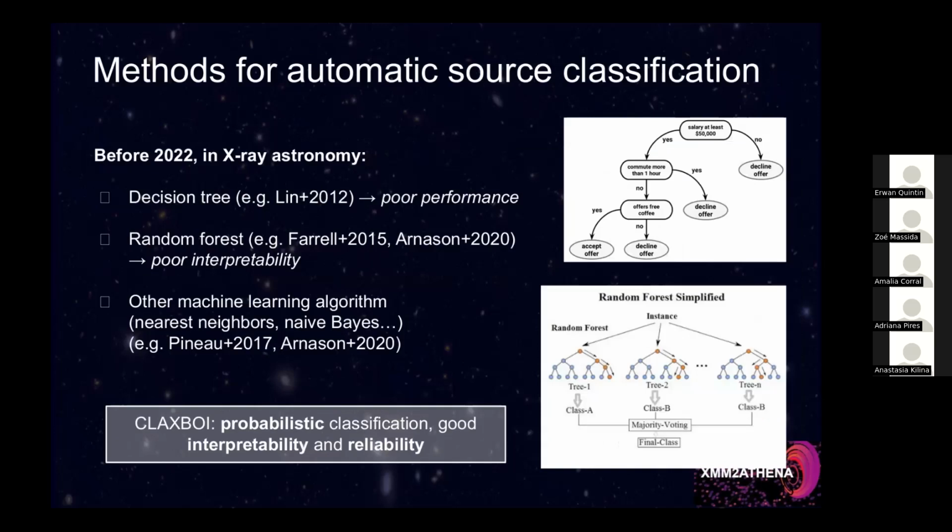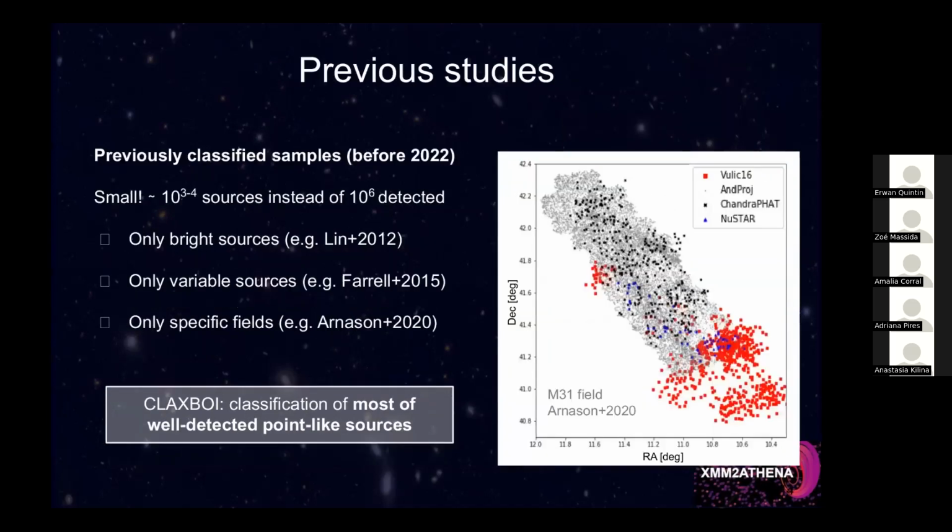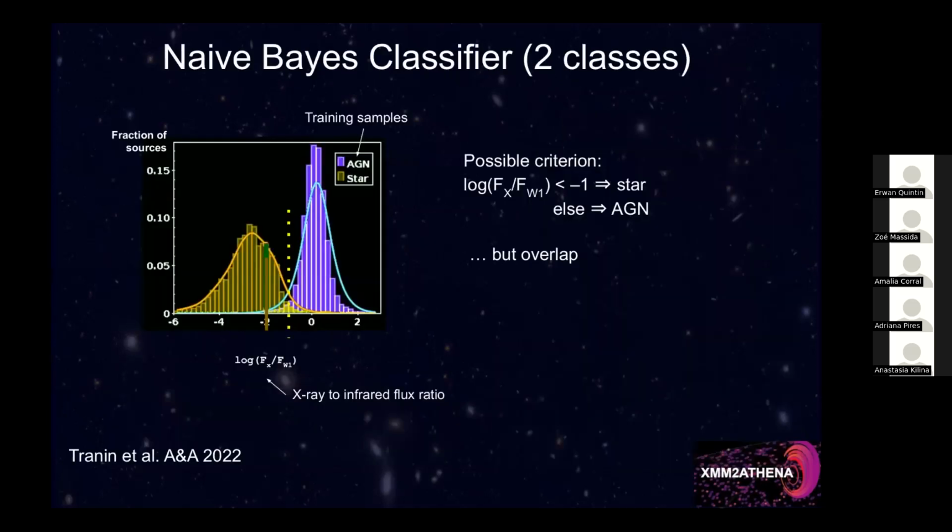As for the model of the classification, there are different machine learning models. One of the most used is random forest. This is not the one I will present now, and I would say random forest maybe has less interpretability than the naive Bayes classification. So ClaxBoy is based on naive Bayes classification, and this is what I will present now.